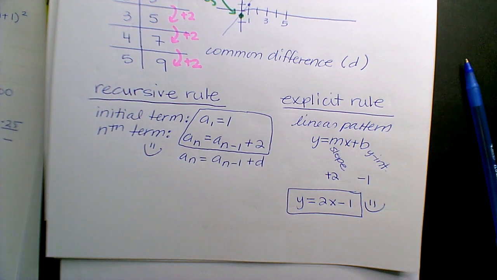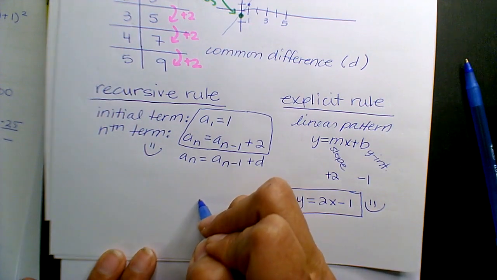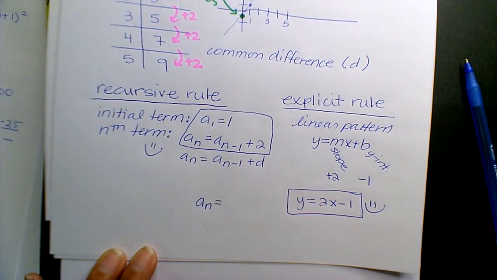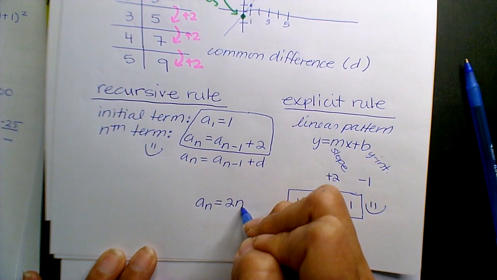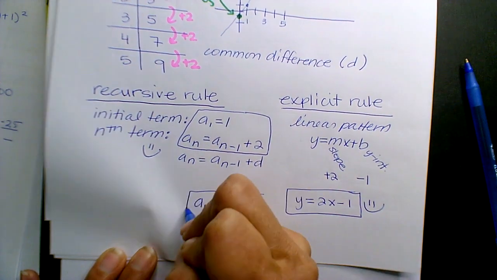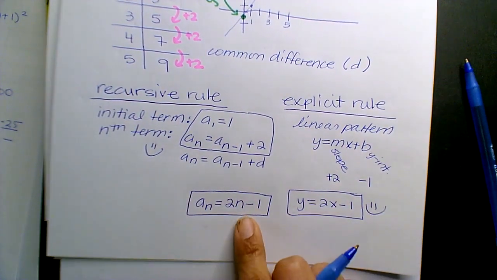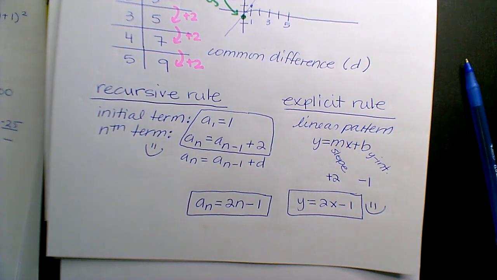You just got to change your letters. So what should ideally be written? a sub n is equal to 2n minus 1. And so this is sequence terminology, sequence symbols, but it's identical to your slope-intercept form equation.